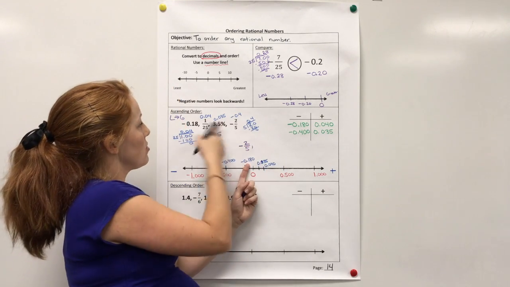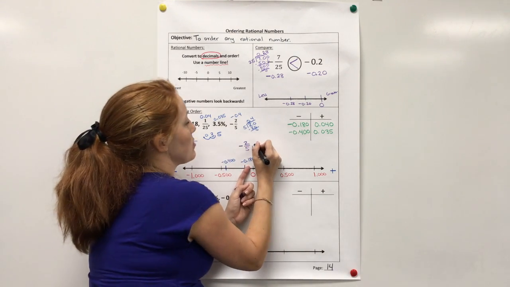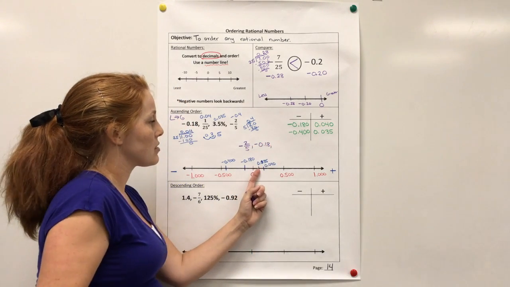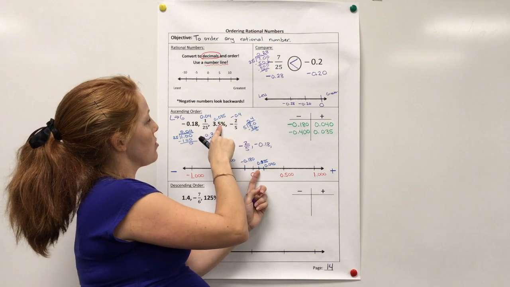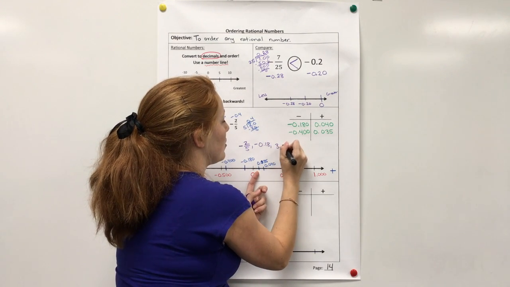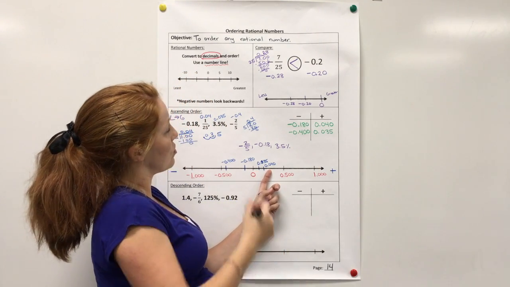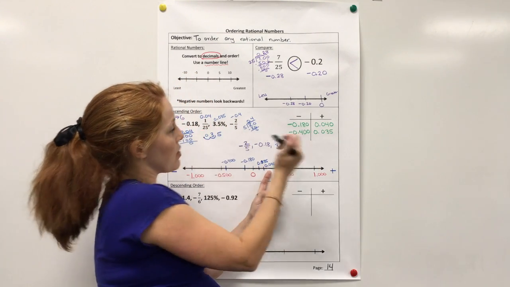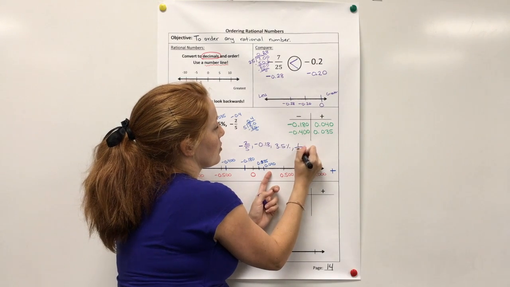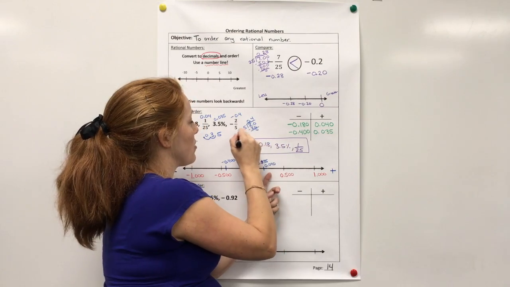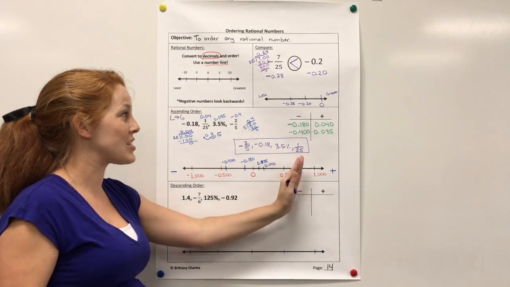Next I had this number, which was -1800ths. Next I had this one, which was 3.5%. And last was my 1/25. And there we go. I have all these 4 numbers from least to greatest.